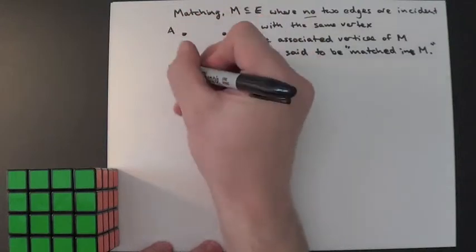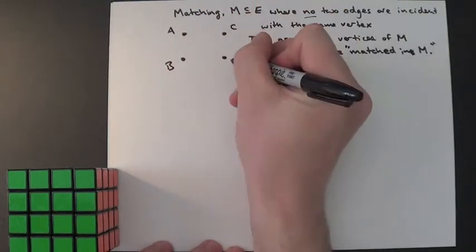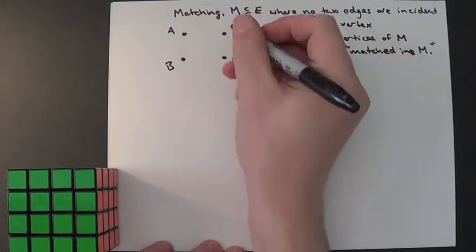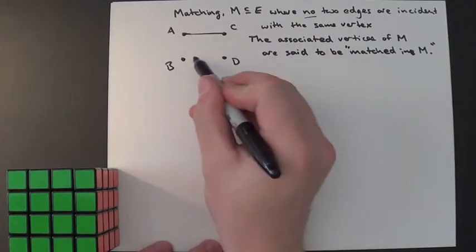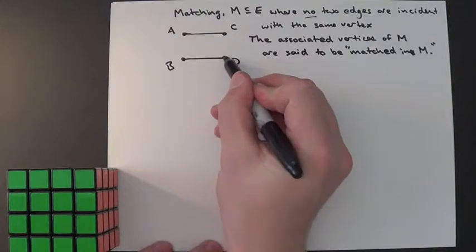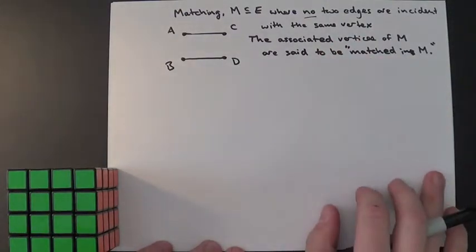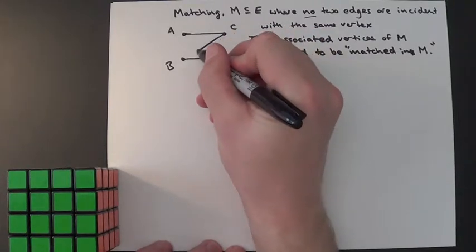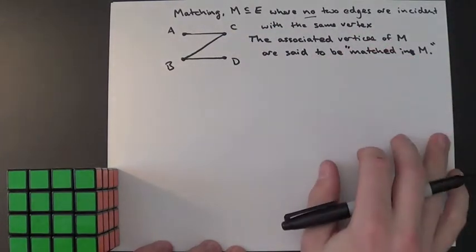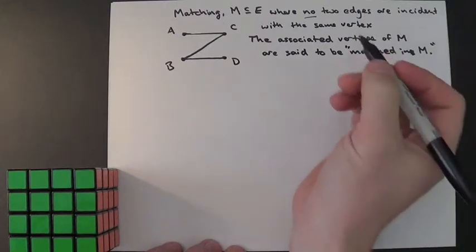Let's see, A, B, C, and D. Something like this. Well, we can even throw this in there. Okay. Here we have a matching.